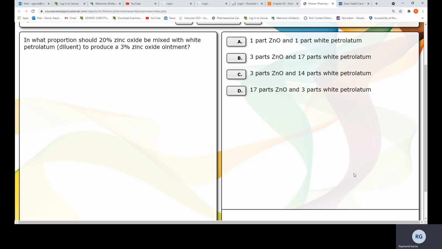So you have your higher one, which is 20%. The 3% is actually going to be in the middle, because that's what we want to make. And then the white petrolatum is 0. And you find the difference.